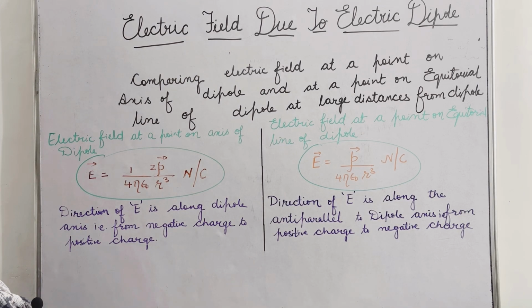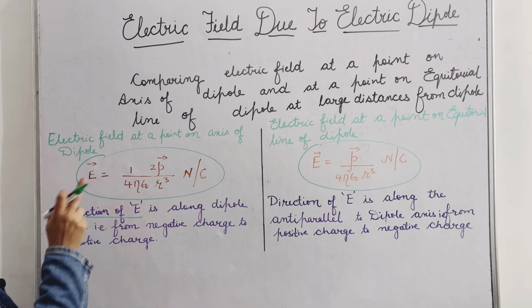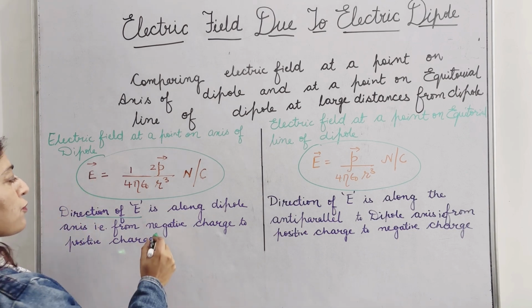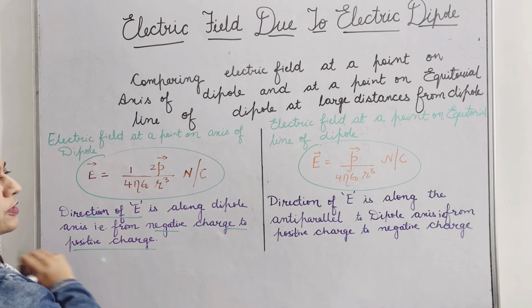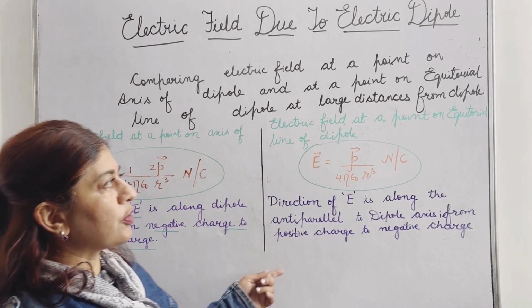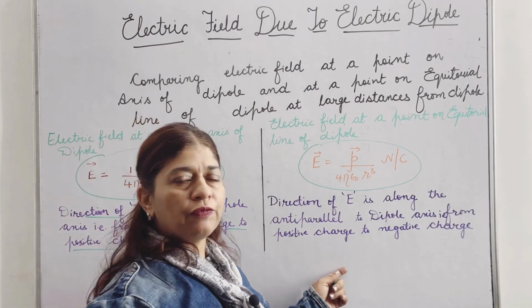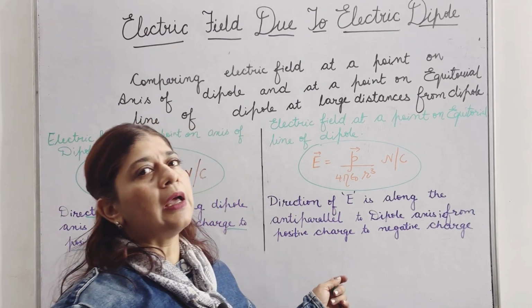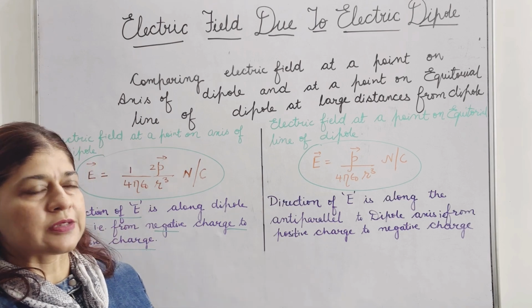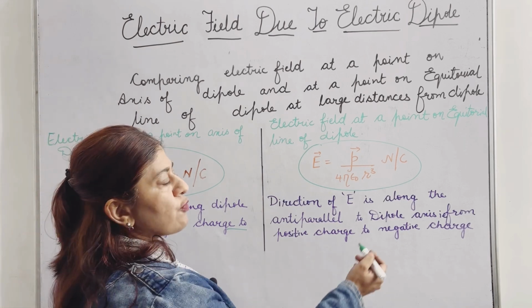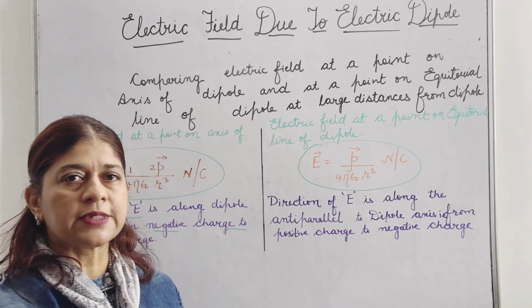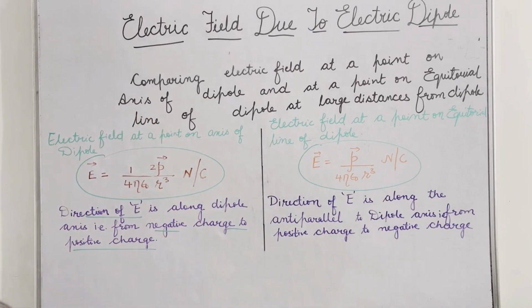One more difference is there. The direction of this electric field is along the dipole axis, that is from negative charge to the positive charge. On the other hand, the electric field at a point on the equatorial line of a dipole is along the anti-parallel direction of the dipole axis, that is, from the positive charge towards the negative charge.